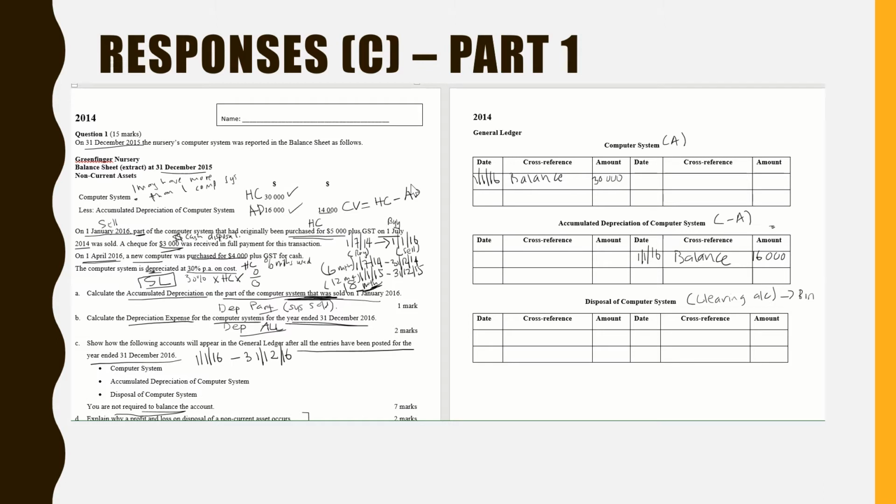In this case, no, because remember in question A, we've already calculated the accumulated depreciation up to the date that it was sold. So we do not need to add any more accumulated depreciation for 1 or 2 months or whatever that is. Okay, so no more, we've already got that number.